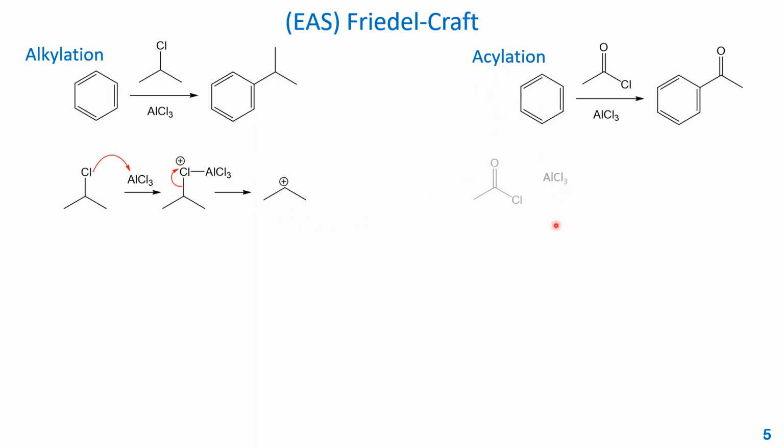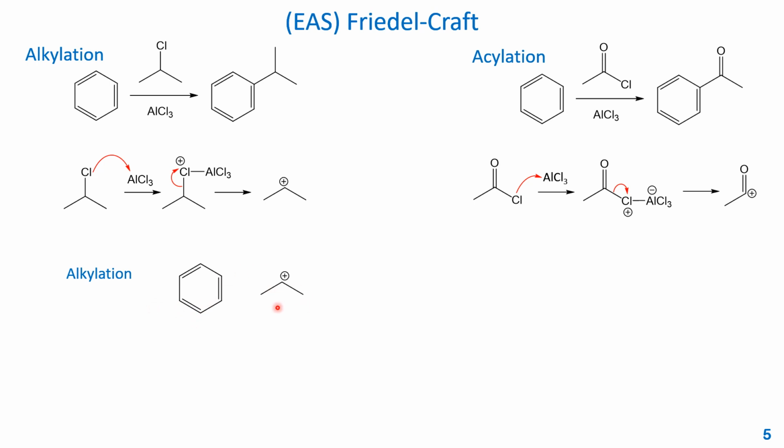For acylation, the acyl chloride reacts with aluminum chloride, the lone pair of chlorine attacks the aluminum, forming this complex, and then the carbon-chlorine bond is cleaved and forms this acylium ion as the real electrophile for the acylation. The following mechanism will be similar to alkylation.